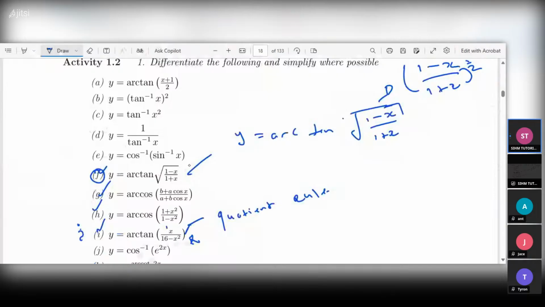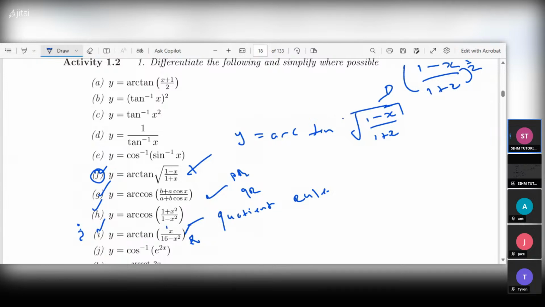So we have another one. This one also includes, as I said, the product rule and the quotient rule. Let's approach this one.